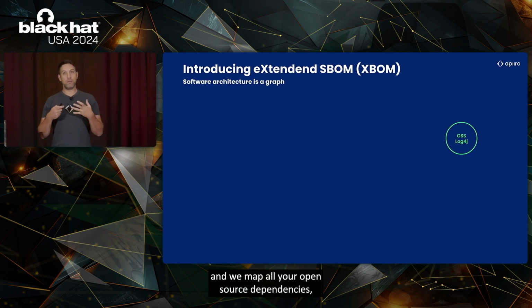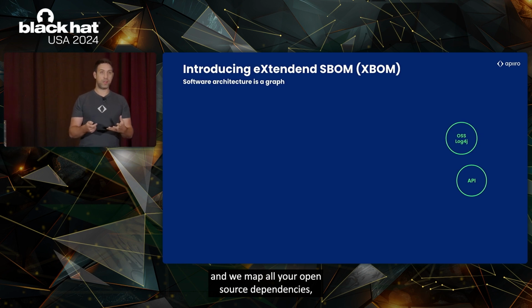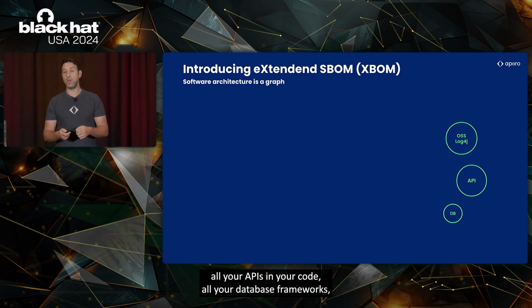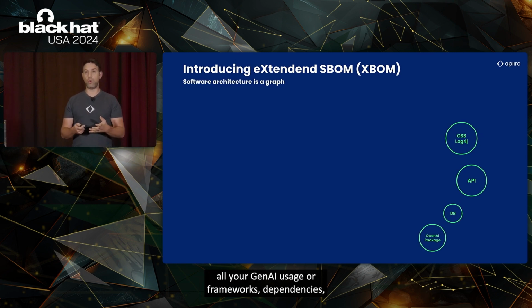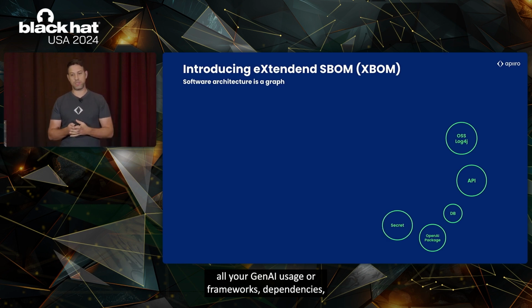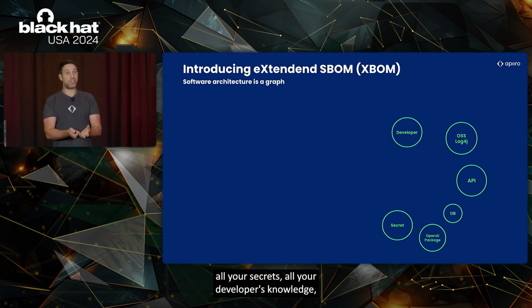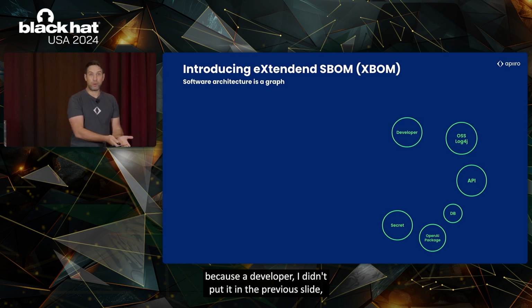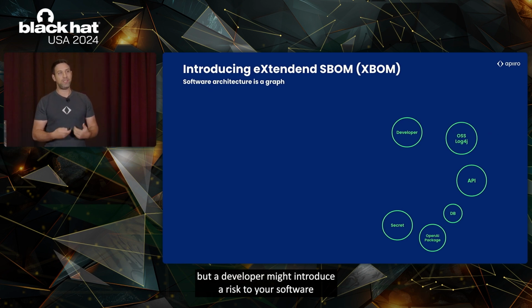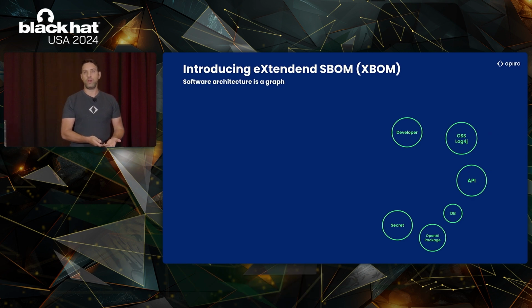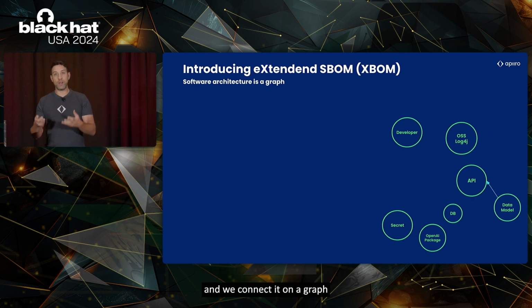And we map all your open source dependencies, all your APIs in your code, all your database frameworks, all your GenAI usage or framework dependencies, all your secrets, all your developers' knowledge, because a developer, I didn't put it in the previous slide, might introduce a risk to your software. And we connect it on a graph.